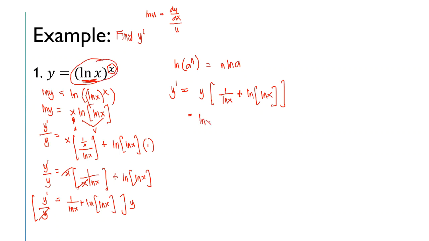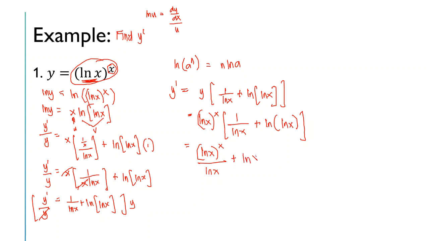So we have (ln x) raised to x times (1 over ln x plus ln of ln x). We can simplify this further by distributing the multiplication: (ln x) raised to x over ln x plus (ln x) raised to x times ln of ln x. Since we cannot simplify this anymore, this is already our final answer.